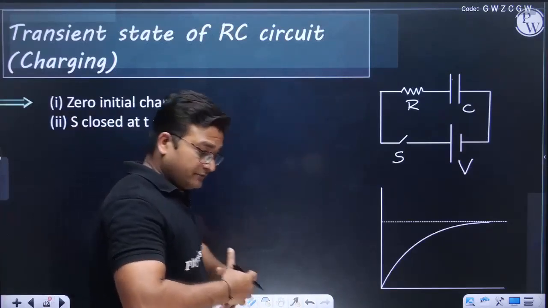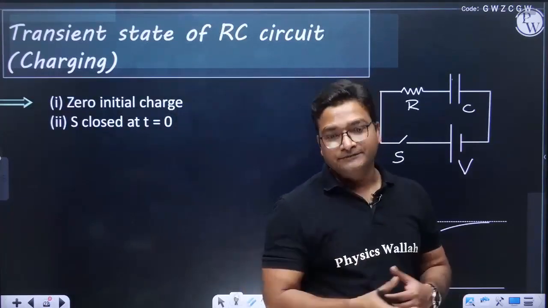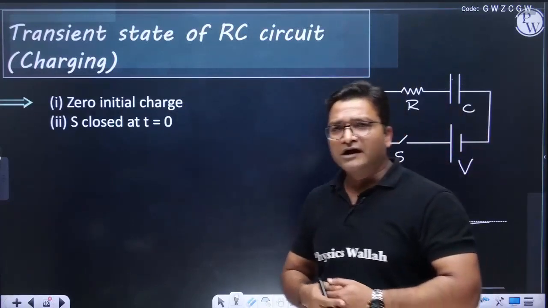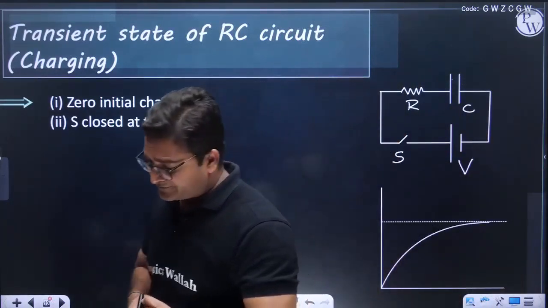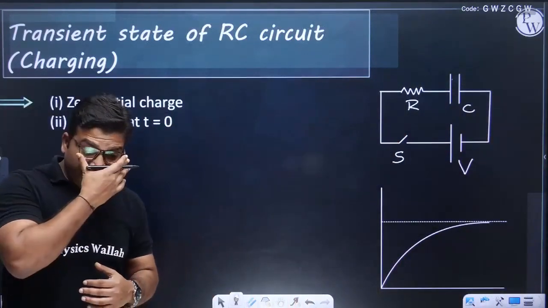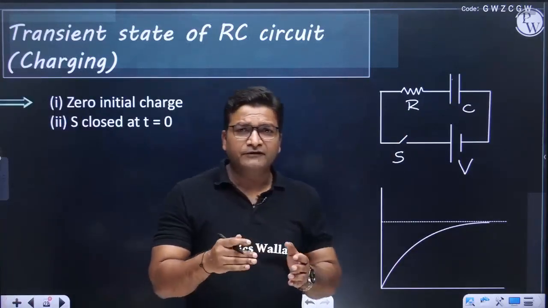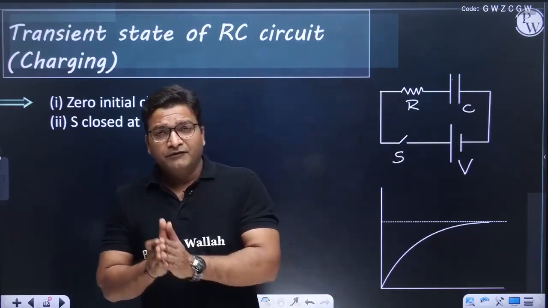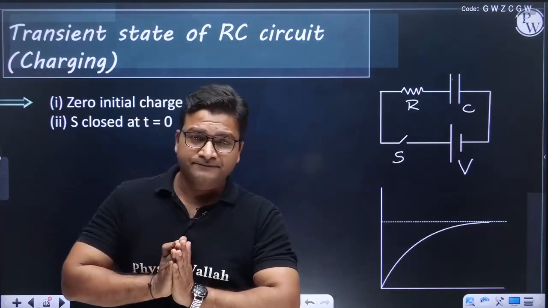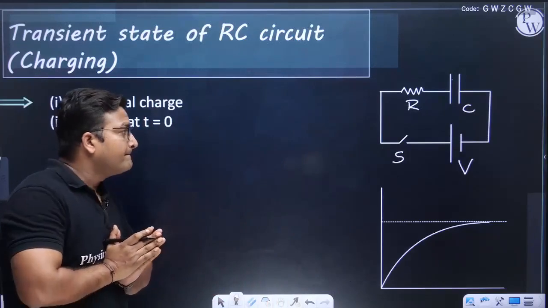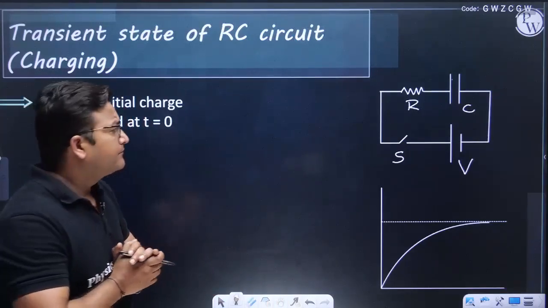Now we have the last part of this chapter, and it is the transient state of RC circuit. Whenever we have seen RC circuits till now, we have seen them in a steady state. Let me brief it a little.